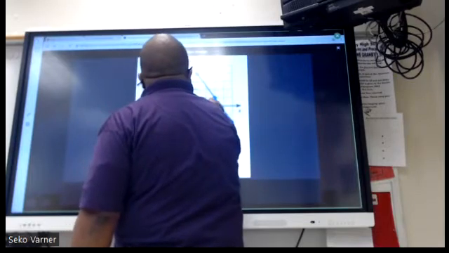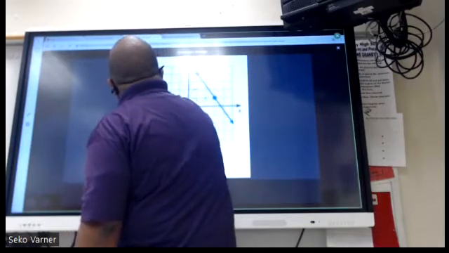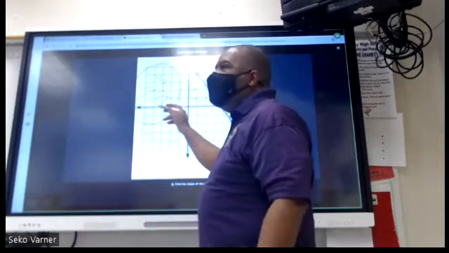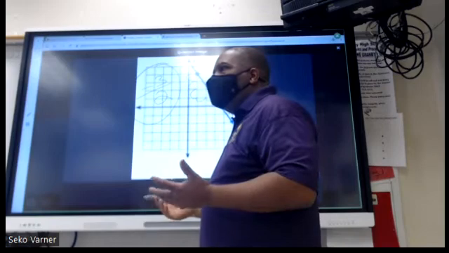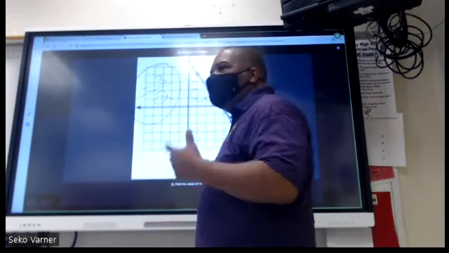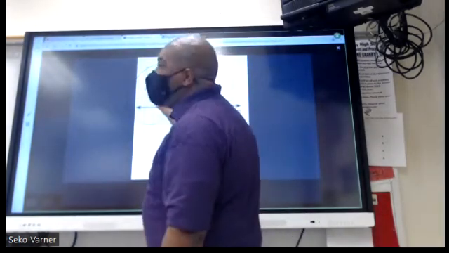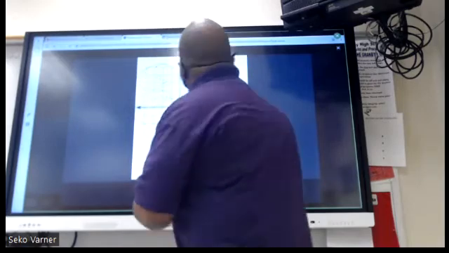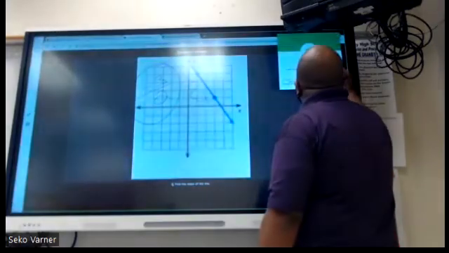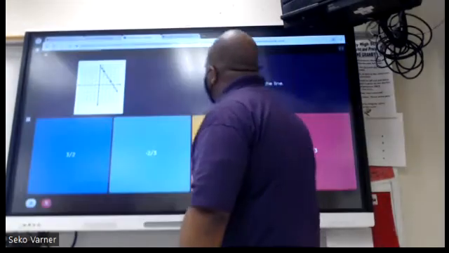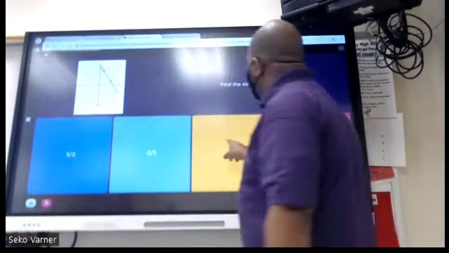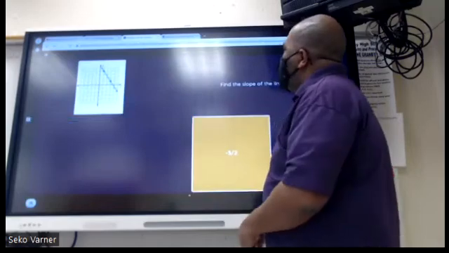I went over 2. So the answer for this slope would be negative 3 over 2. Will 2 go into negative 3 without making a fraction? No. Nia, I need you up. So our slope is negative 3 over 2. We saw how we did that, right? Good. So negative 3 over 2 would be our answer.